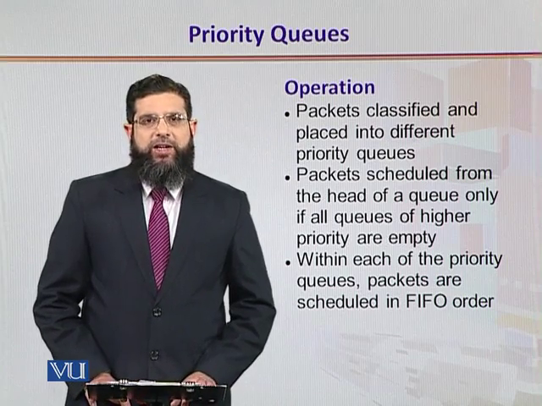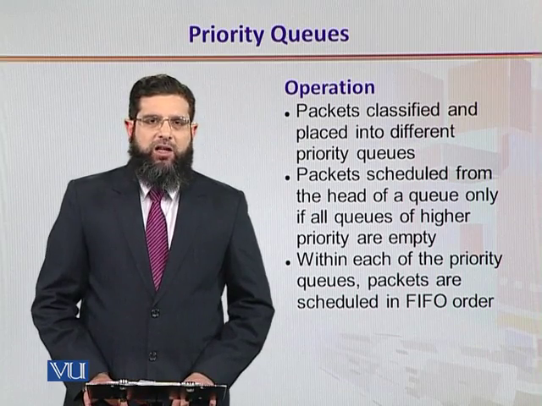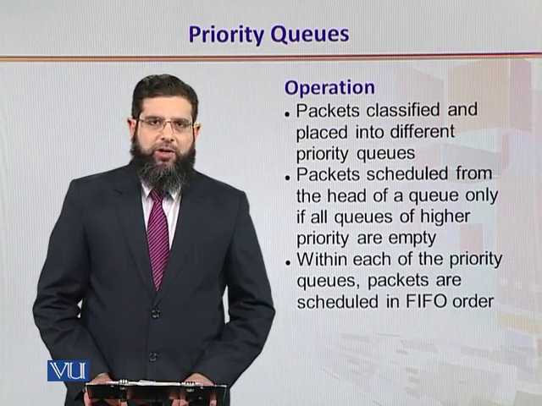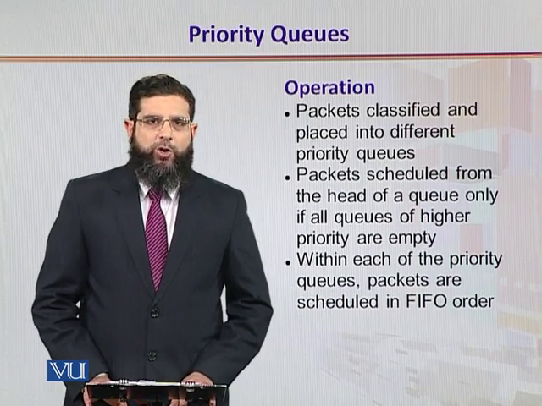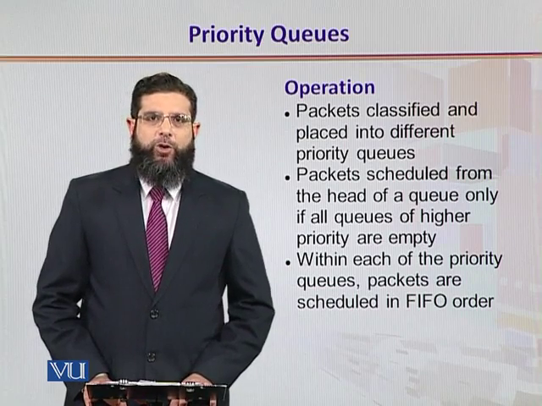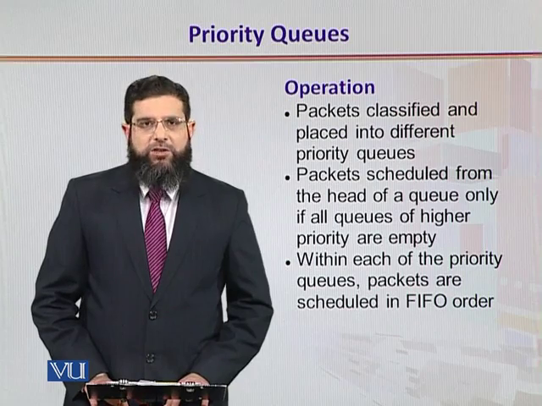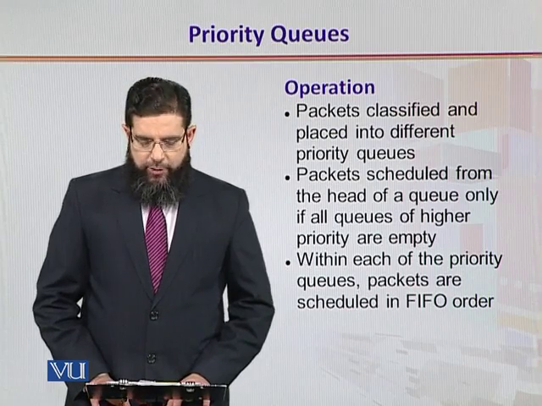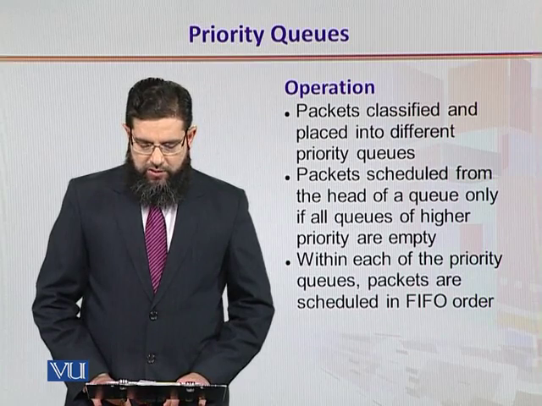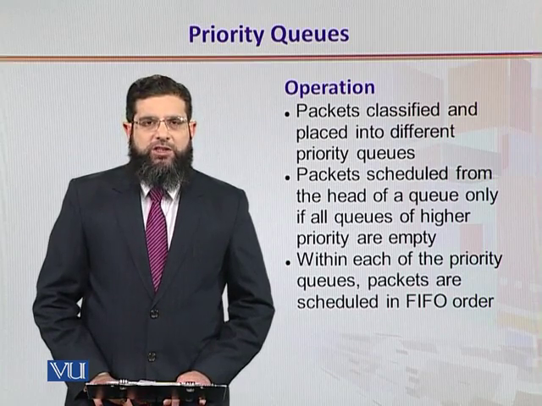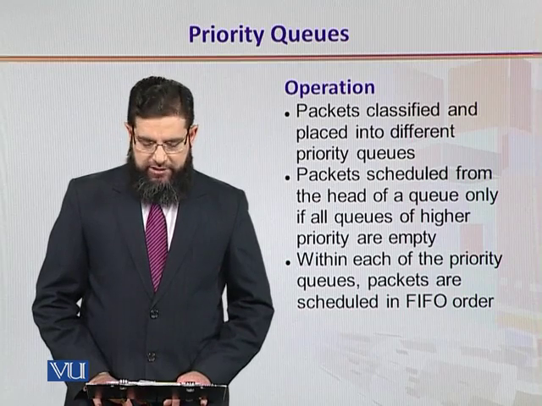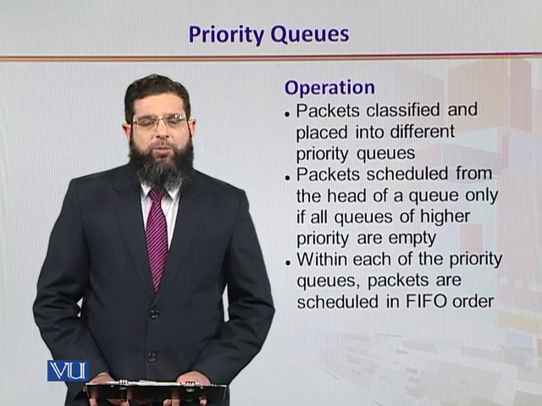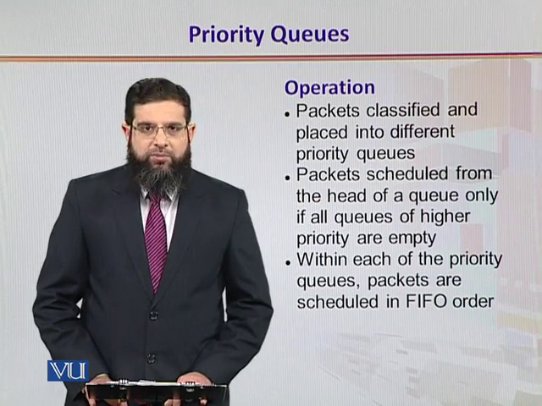Priority queuing is implemented in a queuing and scheduling discipline by first identifying that there are different priorities, and then each priority flow or traffic is to be given a treatment according to its requirements in a separate queue. So the packets first need to be classified and placed into different priority queues. The packets which are processed at the head of the queue must be adhering to the condition that all the queues of higher priority have already been serviced.